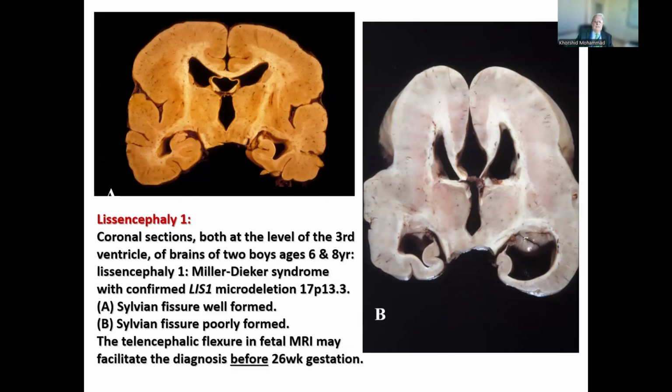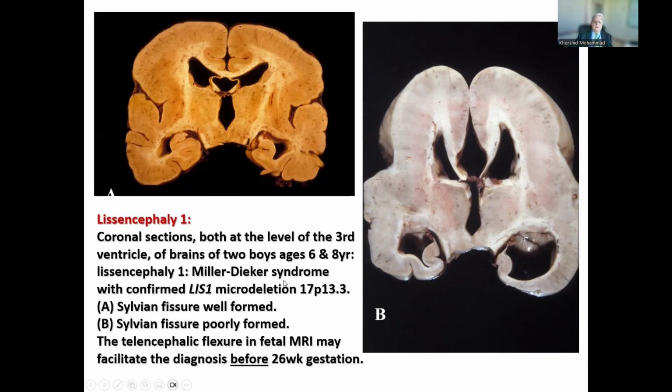Here are two cases of lissencephaly type 1. This is Miller-Dieker syndrome, and both of these children, who are of similar age, one a 6-year-old boy and the other an 8-year-old, they both have the same genetic mutation, LIS1 microdeletion of the 17p13.3 locus.